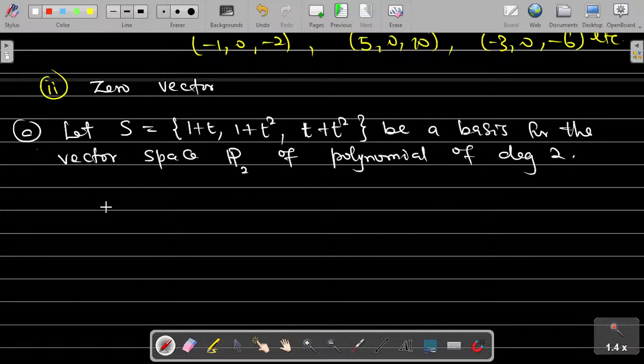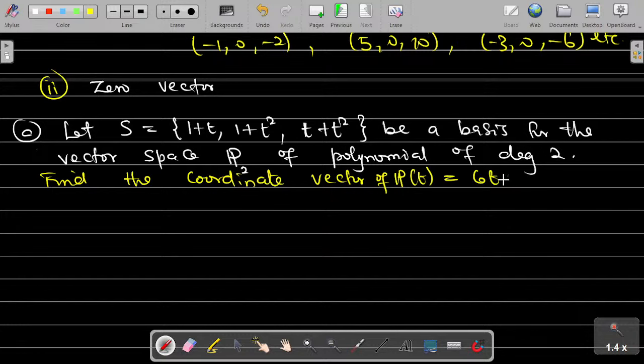Then it says find the coordinate vector of this polynomial p of t equal to 6 plus 3t minus t squared, relative to S. Whenever we are looking for the coordinate vector of a given vector, it is always relative to a particular basis.